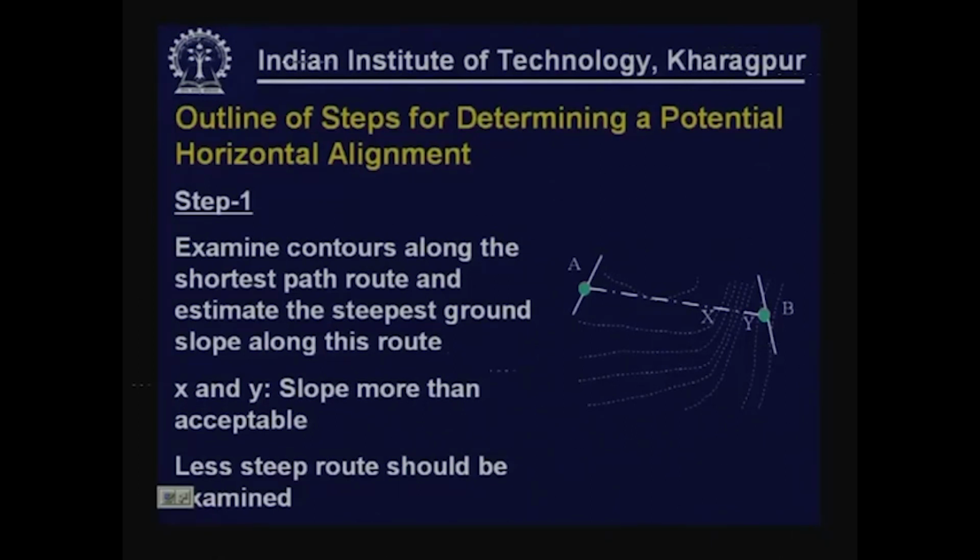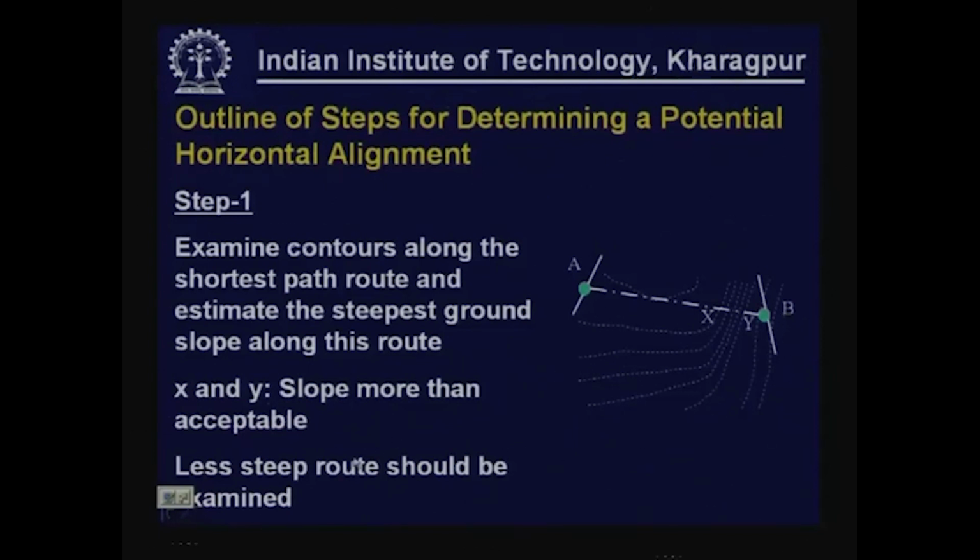Let us consider this point A and point B are to be connected by a new road, and you can clearly see here the contour lines which are plotted, which are obtained from the topographic map. Now, first let us try to connect it by almost a straight line. So, if we connect it like this, this is the first attempt. What we find?